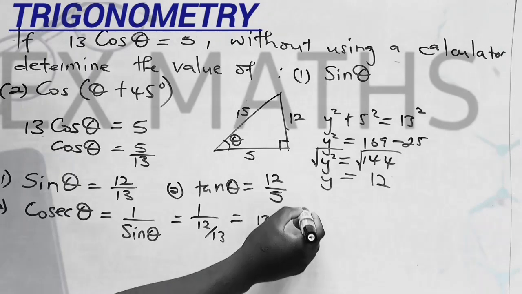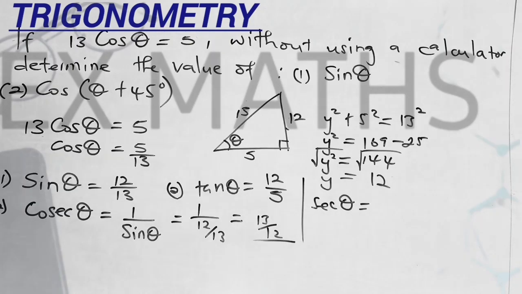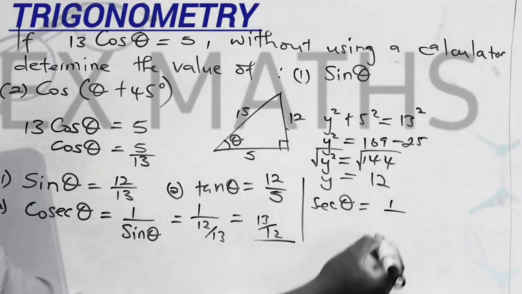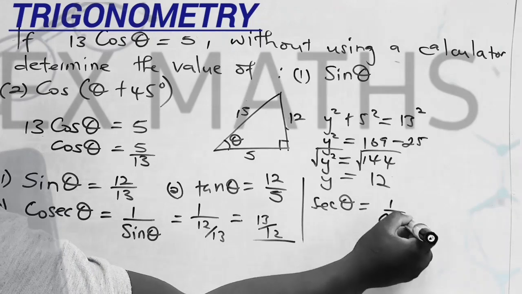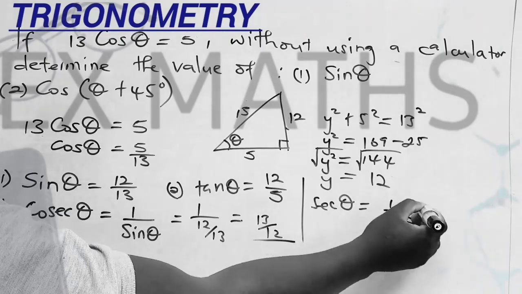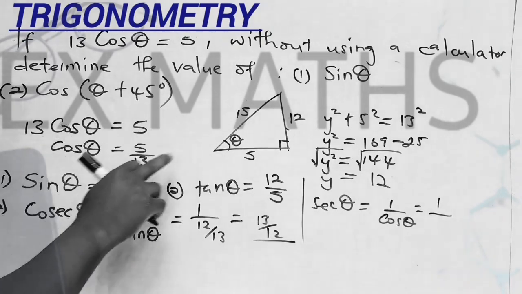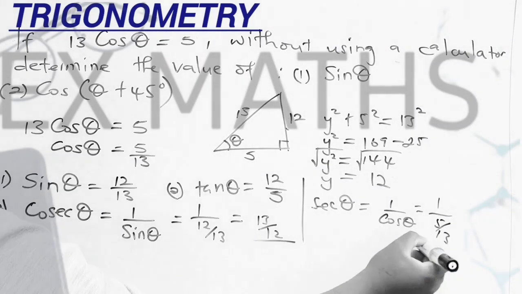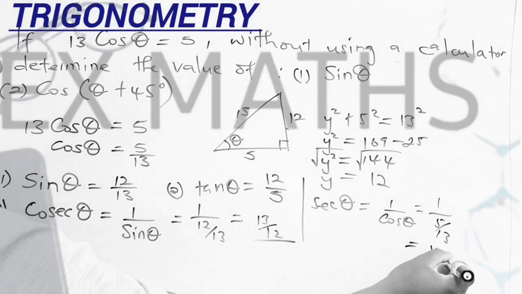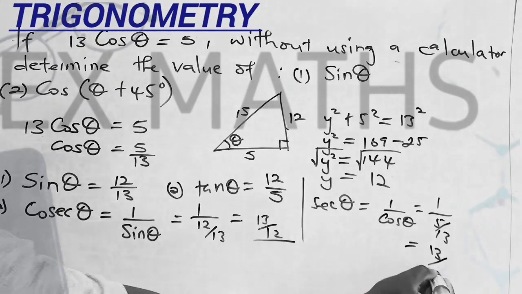Then for sec theta, sec is 1 over cos theta, which is 1 over 5 over 13. So this will simplify to 13 over 5.